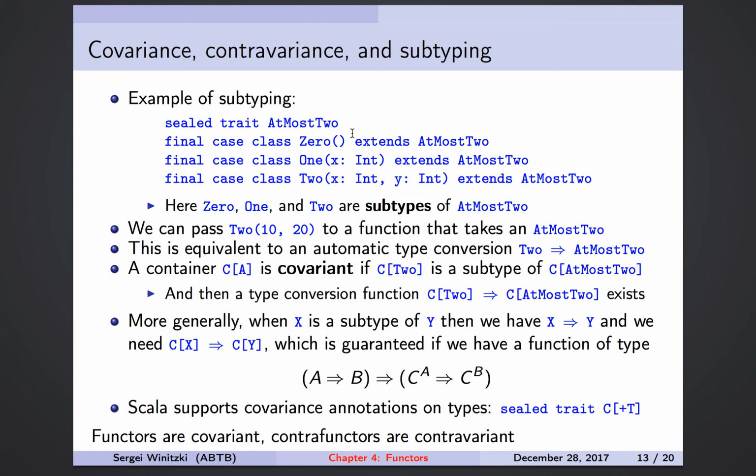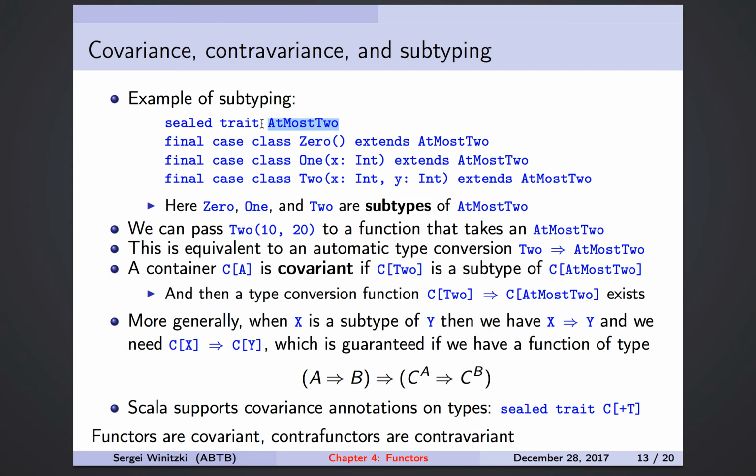An example would be when you say class extends something, trait. In Scala these are traits and classes, which is a bit specific to Scala; in other languages they would not be called traits maybe, and would be just classes. But this is a subtype. So 0 is a subtype of at most 2.